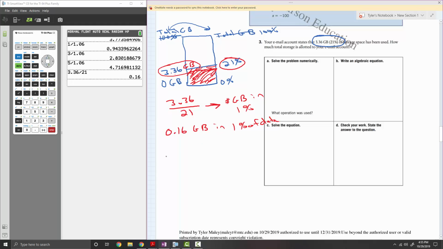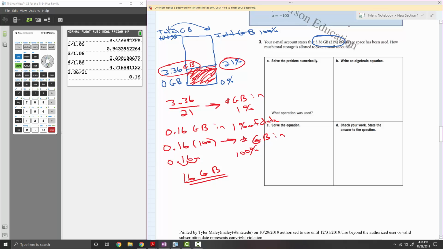Then to find 100%, if I take 0.16 times 100, this will tell me the number of gigabytes in 100%. I could use my calculator, but I don't need to. That's going to take the decimal and move it 2 spots to the right. So we get 16 gigabytes.